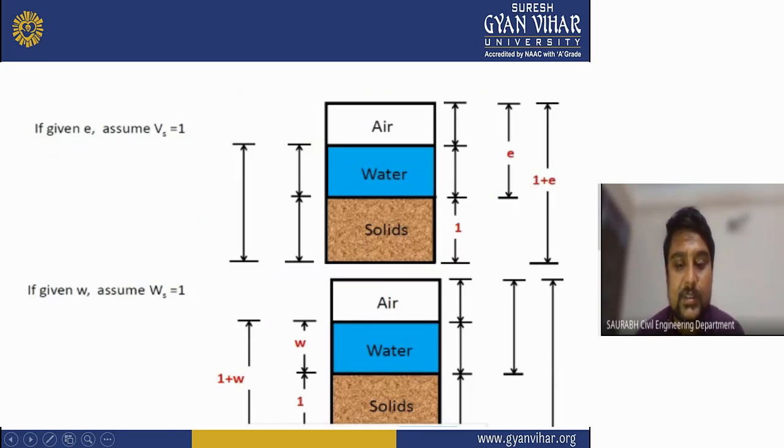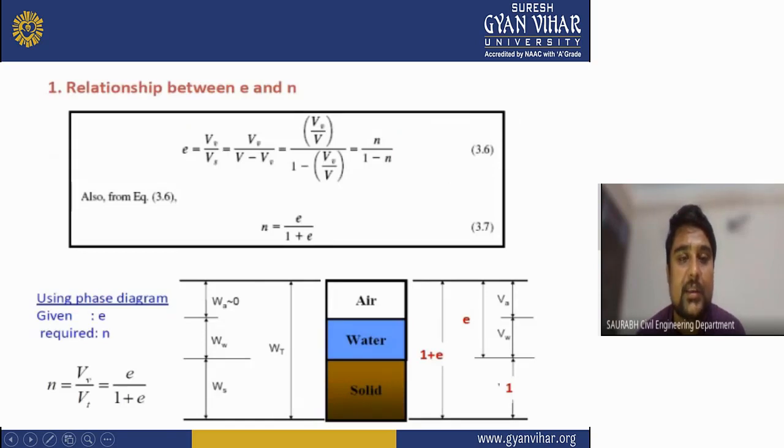Now as you can see here, if Vs is assumed equal to 1, it will become like this. If Ws is assumed equal to 1, it will become like this.